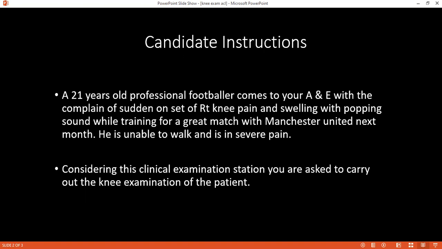Additionally, I look at his neurovascular status by checking the pulses and sensory levels: L2, L3, L4 over the medial aspect of the lower leg, L5 over the lateral aspect, and S1. I'll have already checked his movements, and additionally, I'll check his reflexes.